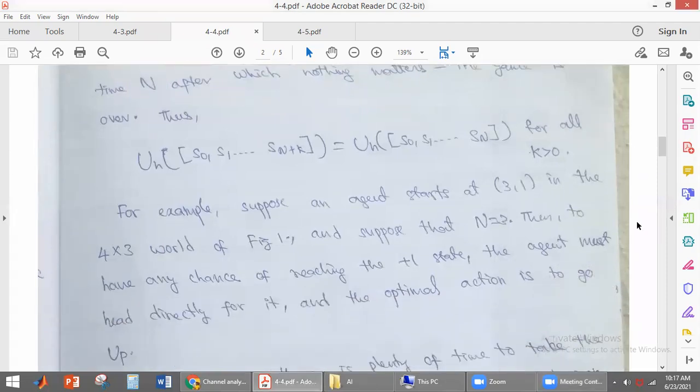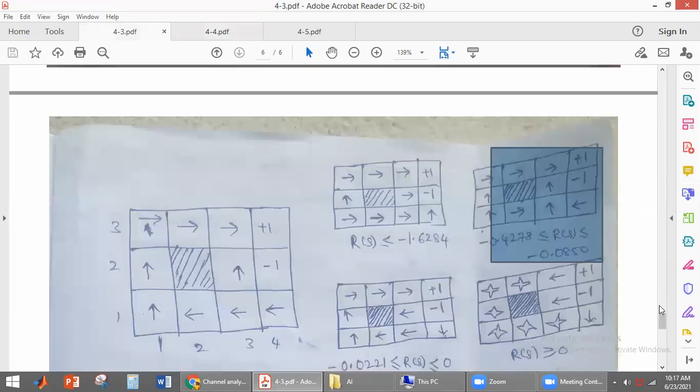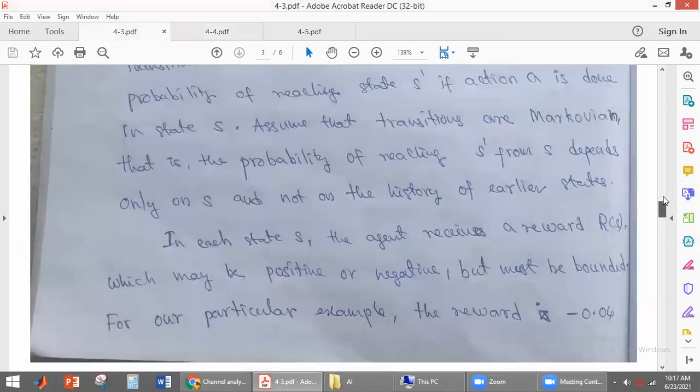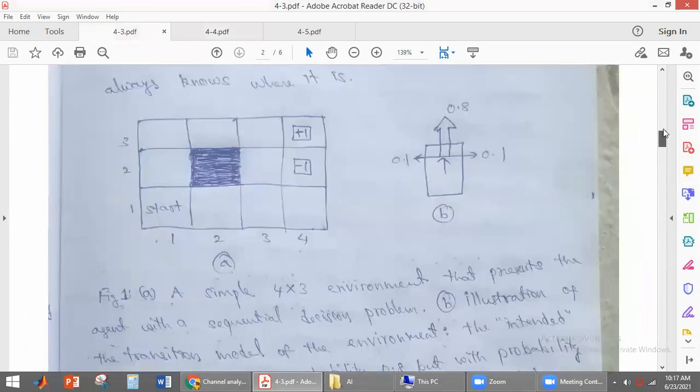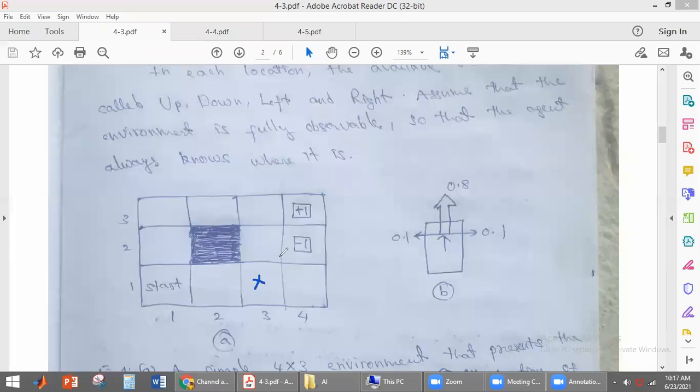For example, in the 4x3 environment we have seen, suppose n is given as 3, and the agent is here in this location. It has to take 3 steps to reach the terminal state, so the agent will always take this direction to reach the terminal state.